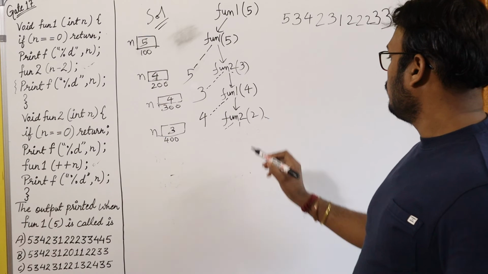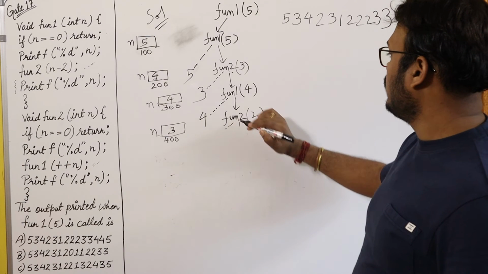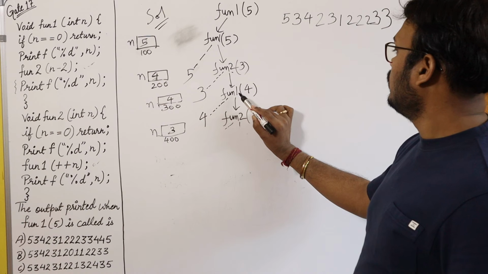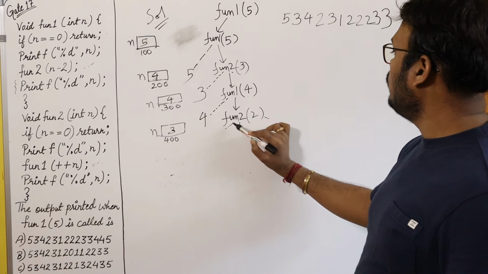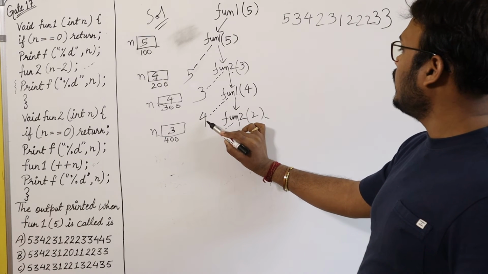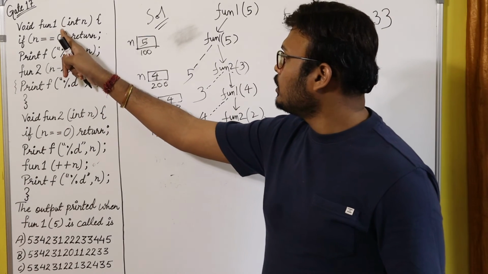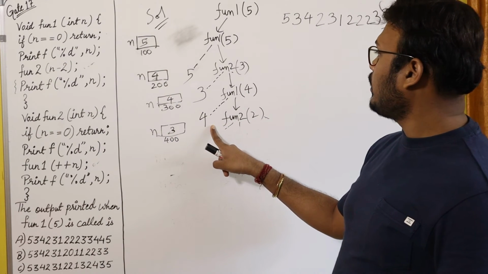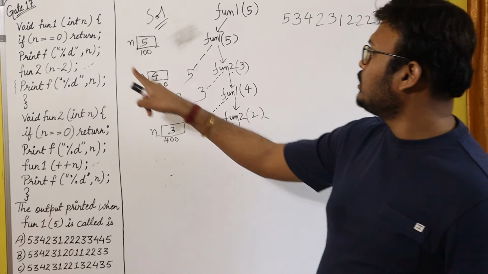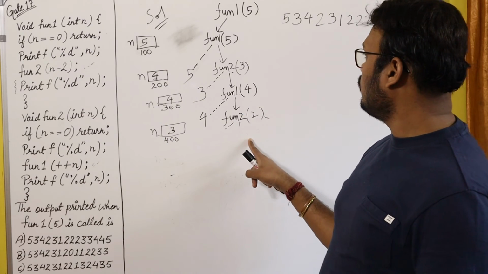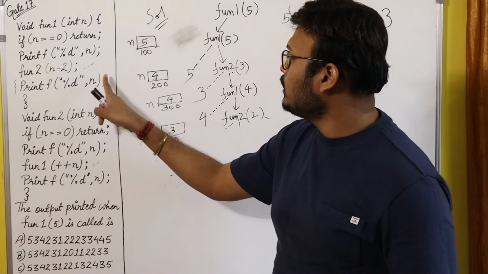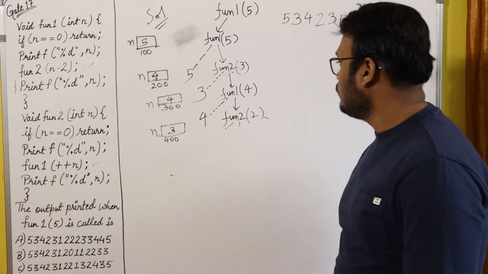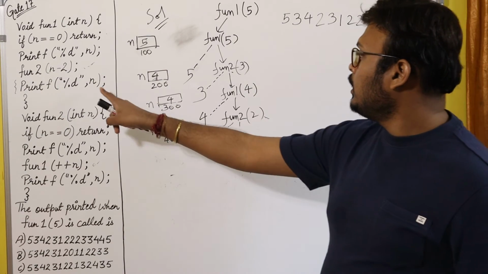So now function 2's task is over here. Which function called function 2? Function 1 called function 2. And before calling function 2, function 1 executed this printf statement by which 4 got printed. After that, function 1 called this function 2. Since function 2 is over, now function 1 will execute this printf statement. So n will be printed.